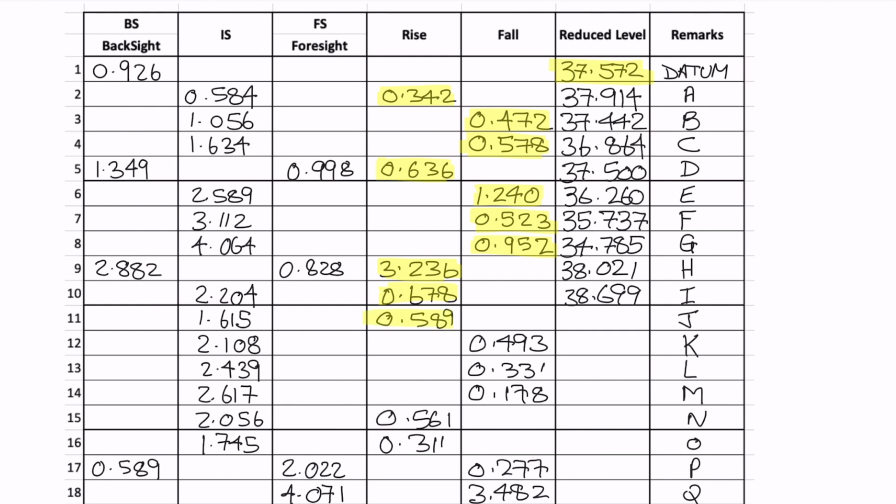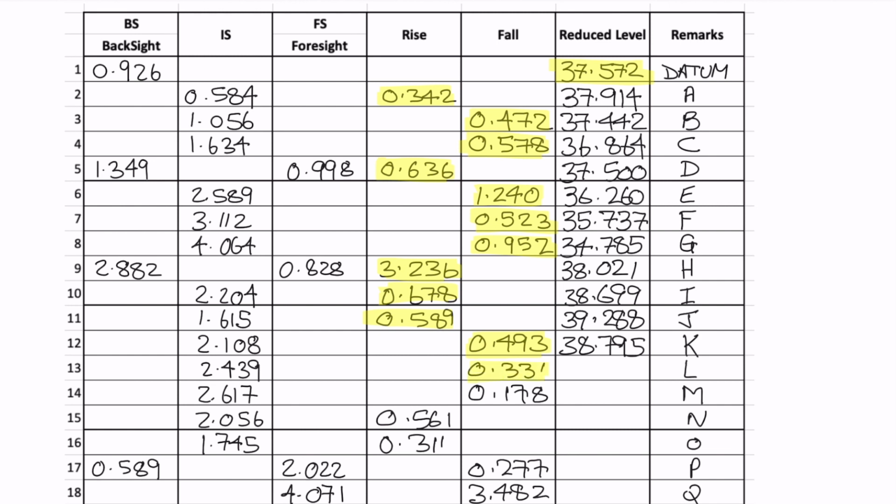Next row, another rise value added on, 39.288. Next one is a fall, subtract that off, 38.795.